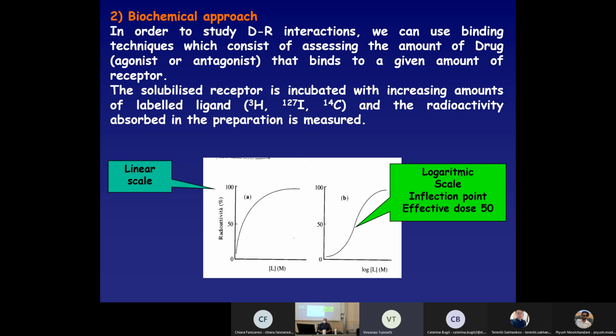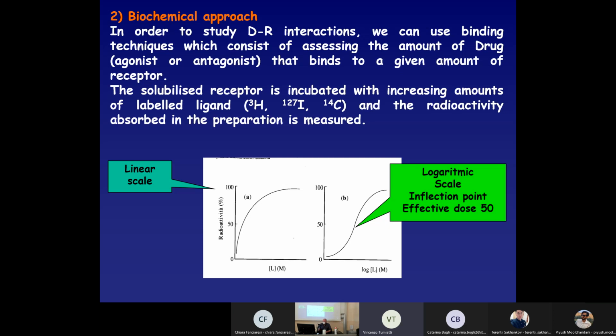It's called biochemical approach, and in this case, we need a receptor, but this receptor is biosynthesized, is cloned, and so it corresponds to a particular protein, and it is biosynthesized by a cell.